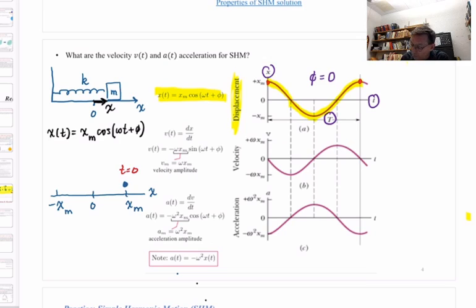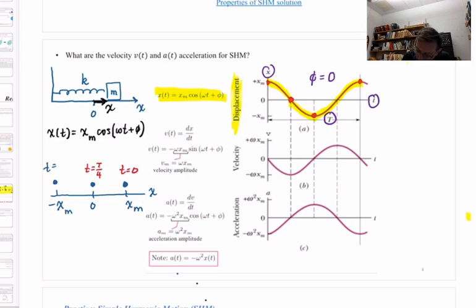So, notice then that if we start at x max at time 0, at a time right here of 1/4 of a period, we're at x equals 0. So in my picture over here, we're right there at t equals capital T over 4. At a time of 1/2 of a period, right here on the curve, I'm at x equals negative x max. So I'm here.